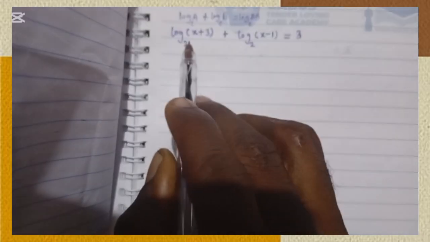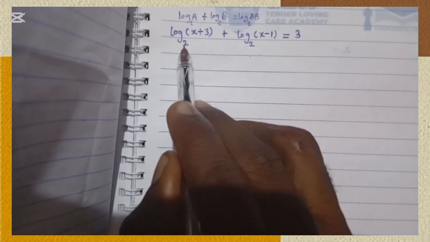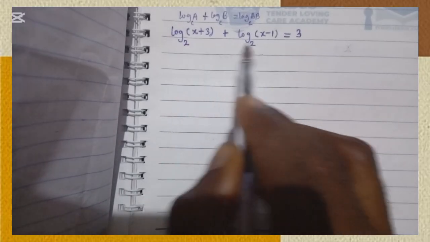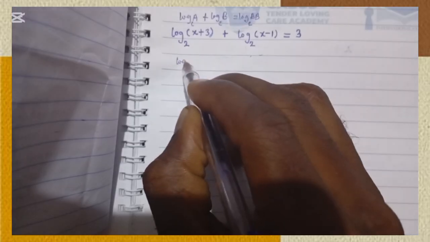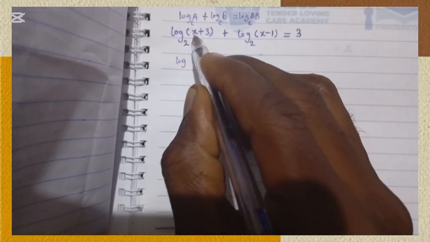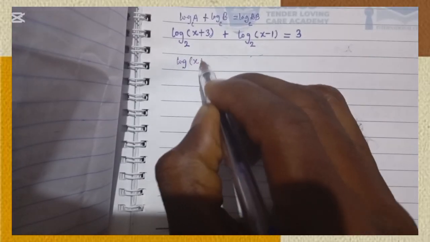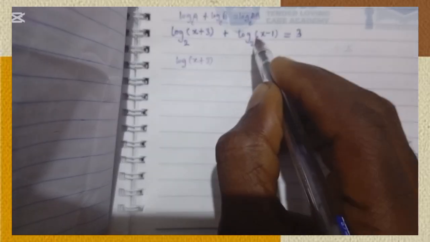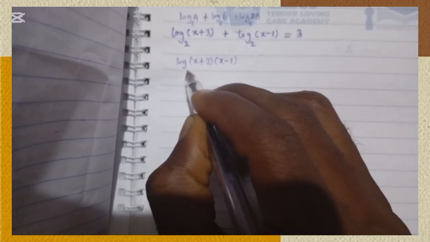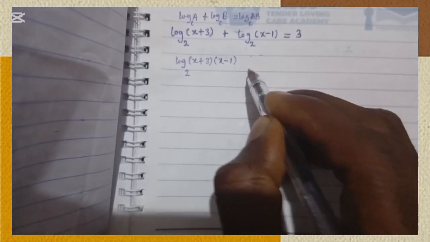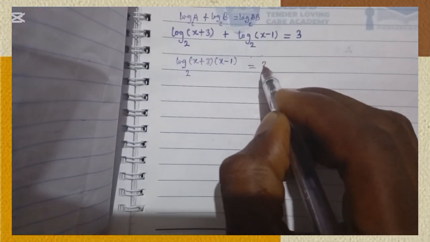That's exactly what we're going to apply here, because we have a positive sign and both of the bases are 2. So you write out log of x plus 3 times x minus 1, to the base of 2, which is equal to 3.